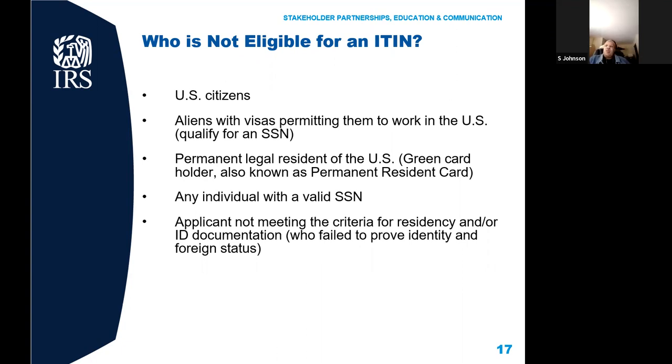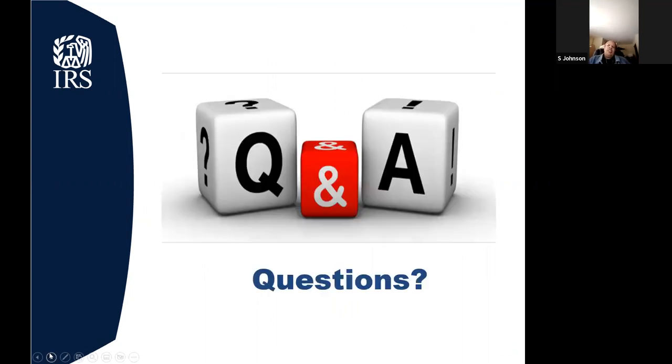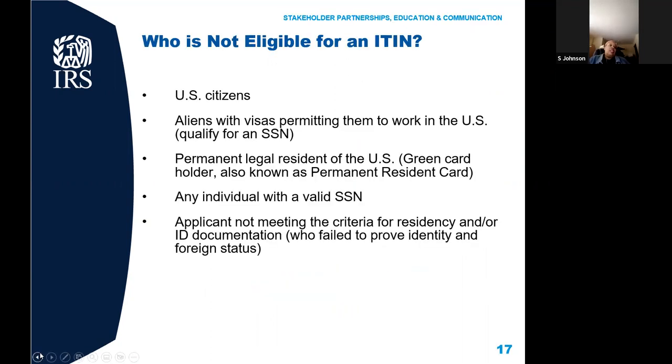An individual with a valid social security number, an applicant not meeting the criteria for residency and/or ID documentation. Those are the people who fail to prove identity and foreign status. Meaning that they could apply for an ITIN, but if you didn't prove it, then you wouldn't get it.